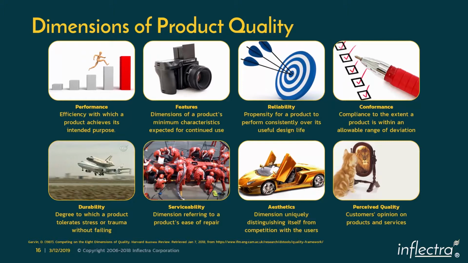Features. The dimension of a product's minimum characteristics expected for continued use. If you recall earlier webinars, we discussed how the minimally marketable features, MMF, contribute to the minimum viable product, MVP. Reliability. This is the propensity for a product to perform consistently over its useful design life.